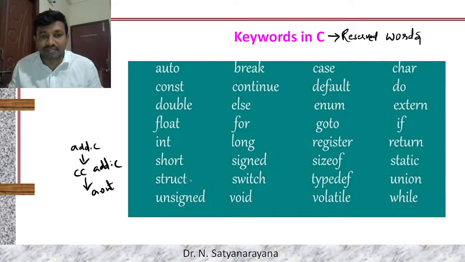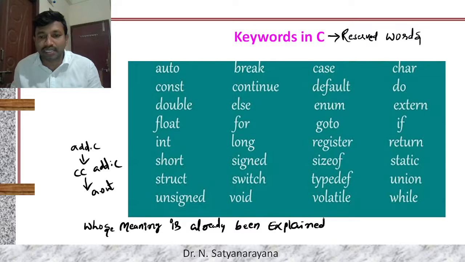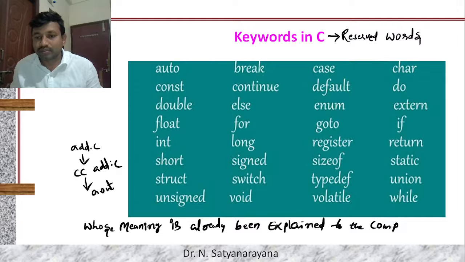Those words we call keywords. A keyword is a reserved word whose meaning has already been explained to the compiler, so it can convert these keywords directly to low level language.